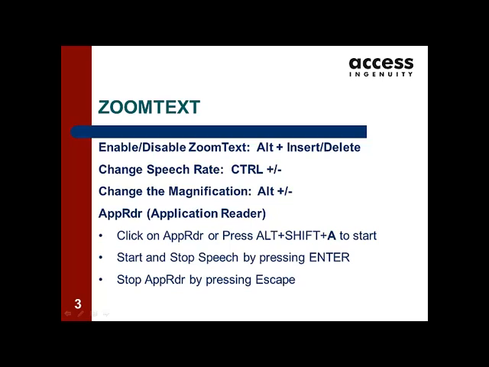Change magnification, increase it, Alt plus on the number pad, decrease it, Alt minus on the number pad. For the application reader, you can click on the app reader or press Alt Shift A to start the application reader. You can start and stop speech by pressing the Enter key, or stop the app reader altogether by pressing Escape.